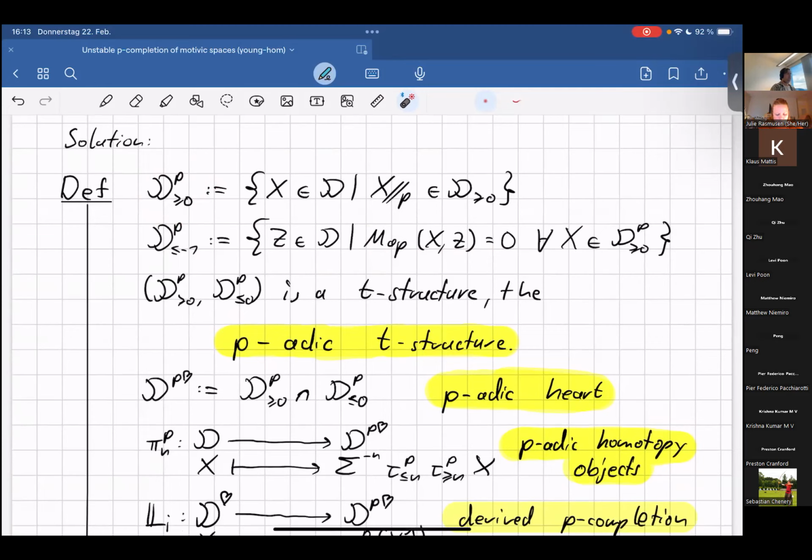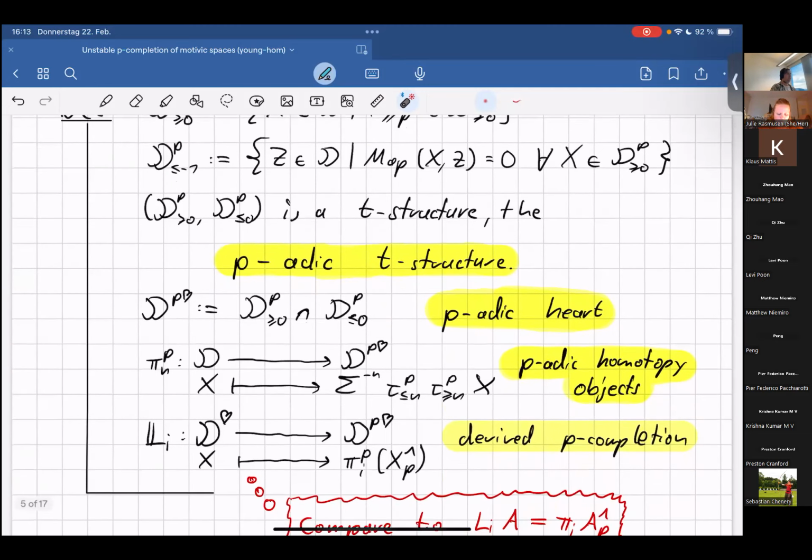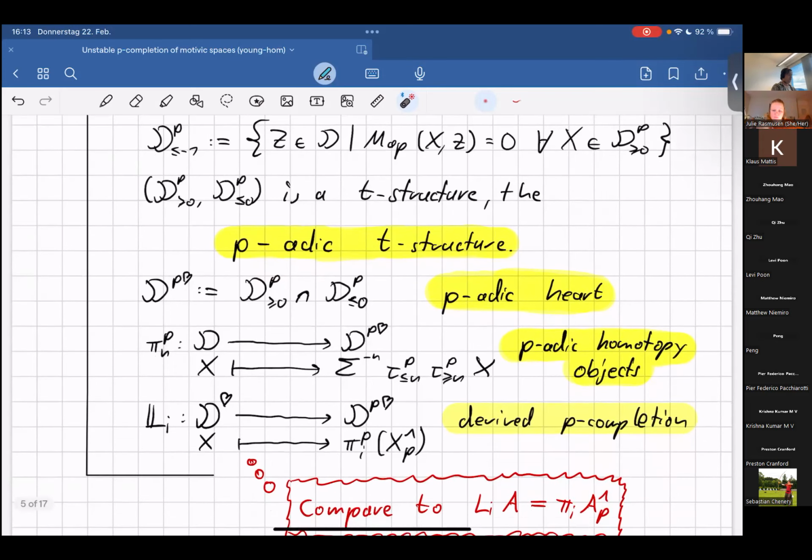So this is now a second T structure, and we will define the p-adic heart as the heart of this new T structure, so the intersection of the p-adic connective and the p-adic co-connective objects. And similar to before, we get these p-adic homotopy groups, which are just the truncations and connective covers in this new T structure, and then you get something in the p-adic heart.